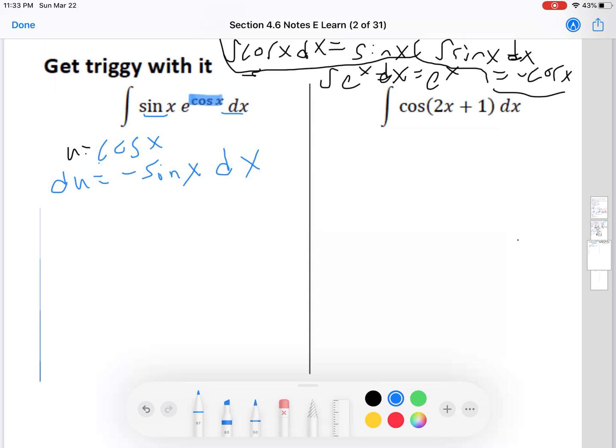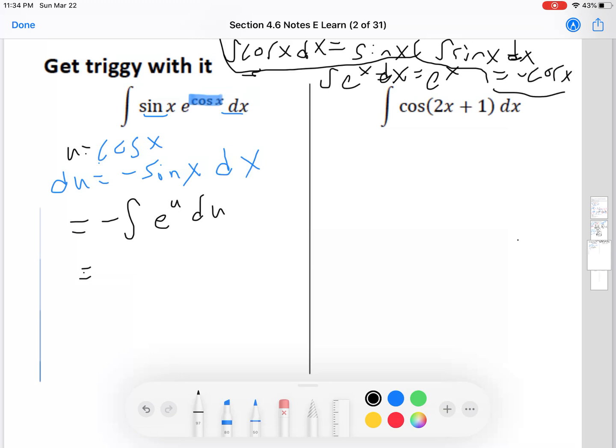So I could actually immediately write this into a u type of integral problem. I have the integral of e to the u, and then the negative sine x dx. Well, sine of x dx would be like negative du. But if I wanted to fix that problem, take that negative sign, I could just move it outside.